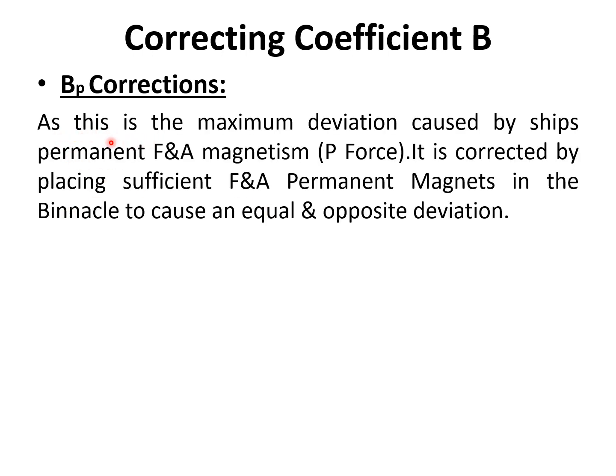As B permanent coefficient is the maximum deviation caused by ship's fore and aft magnetism, that is P force, it is corrected by placing sufficient forward and aft permanent magnets in the binnacle to cause an equal and opposite deviation, right?